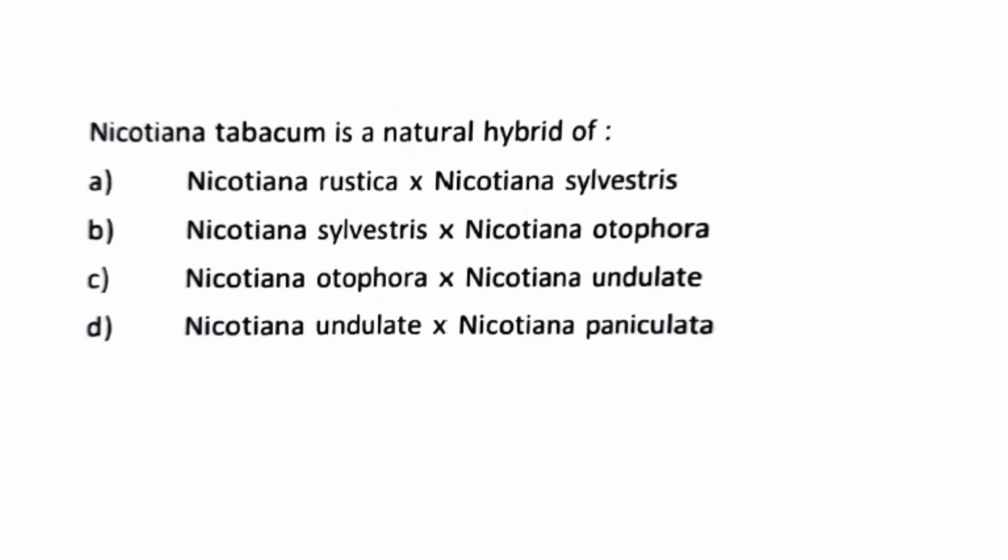From the options, A. Nicotiana rustica and Nicotiana sylvestris. B. Nicotiana sylvestris and Nicotiana otophora. C. Nicotiana otophora and Nicotiana undulata. D. Nicotiana undulata and Nicotiana paniculata. The answer is Nicotiana sylvestris and Nicotiana otophora.